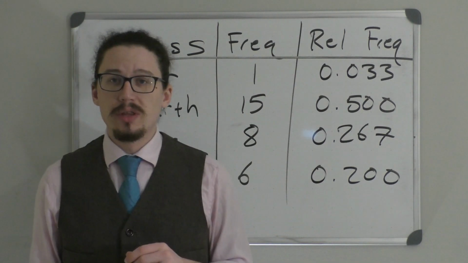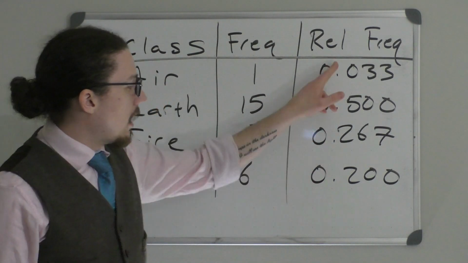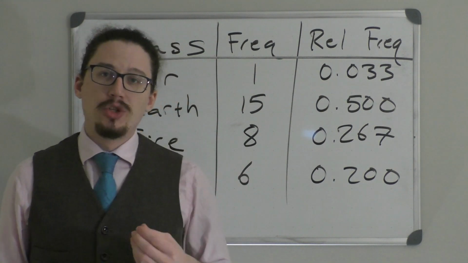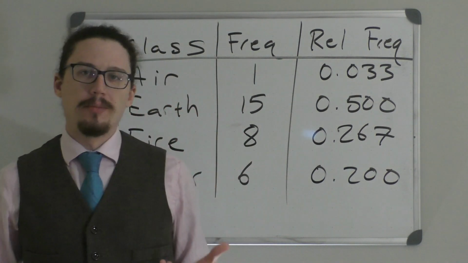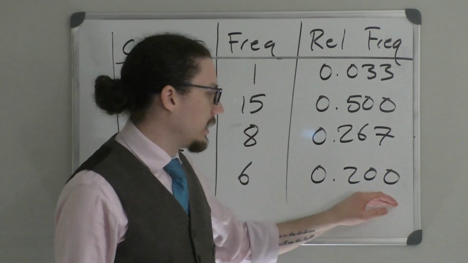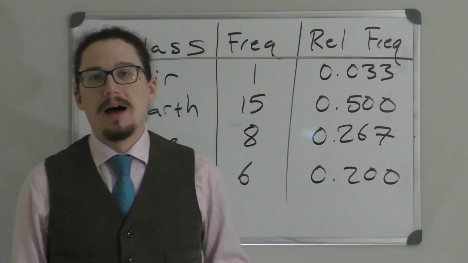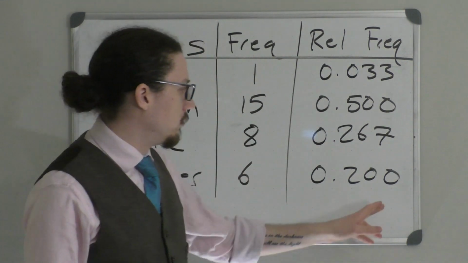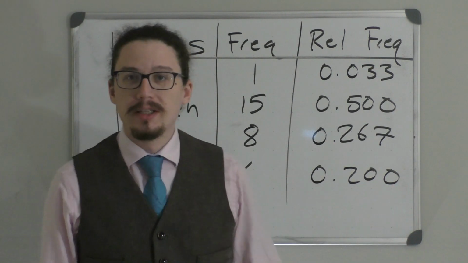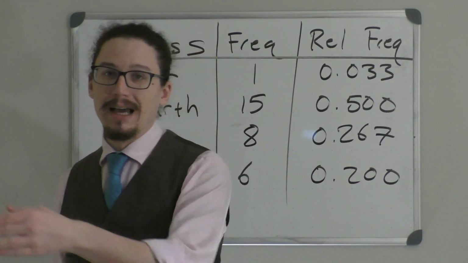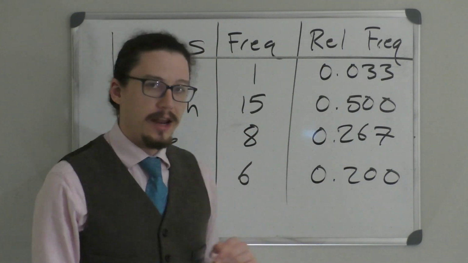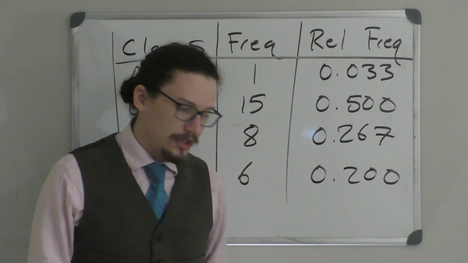We have a similar thing when it comes to the relative frequency. The sum of the numbers in the relative frequency column should add up to 1. Based on rounding, it might not be exactly 1, but if you're taking it out to 3 decimal places and you're off by 1/1000th, so you got 0.999 or 1.001, that's okay, but they should add up to 1.